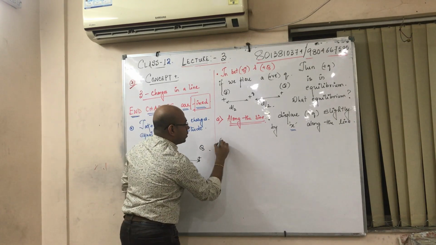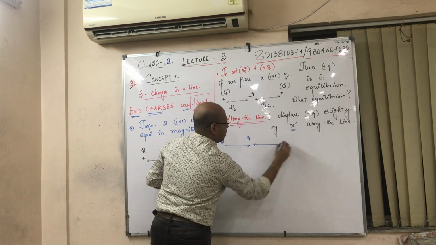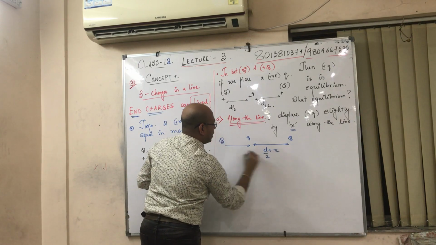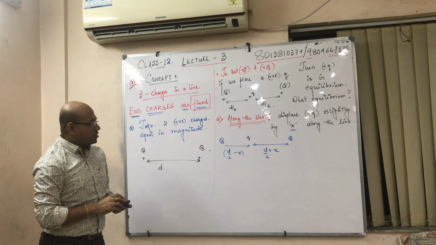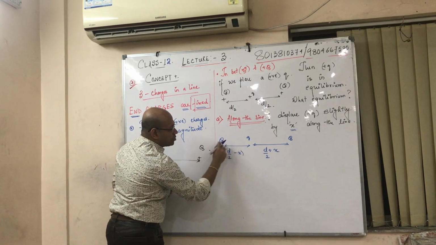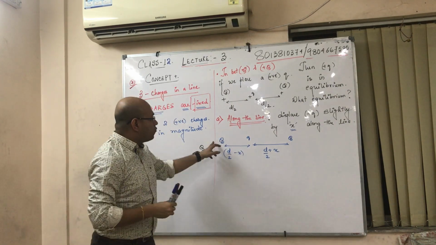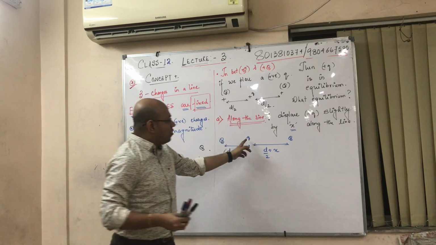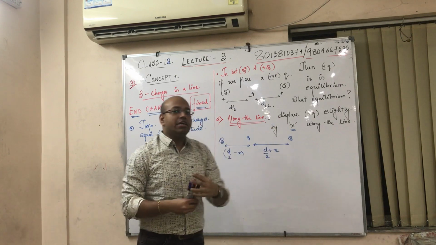So the new formation: this becomes d plus x, this becomes d by 2 minus x. Now, if the distance between these two decreases, the force increases. So what force increases? The force of repulsion increases. If the distance between these two increases, the force of repulsion decreases.